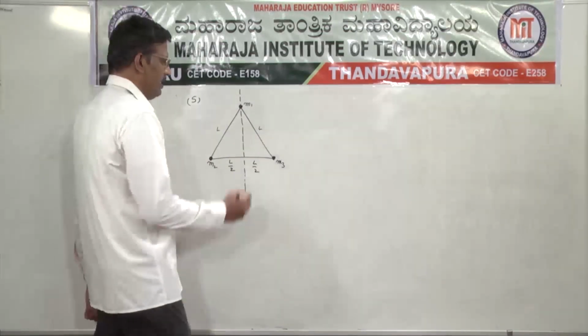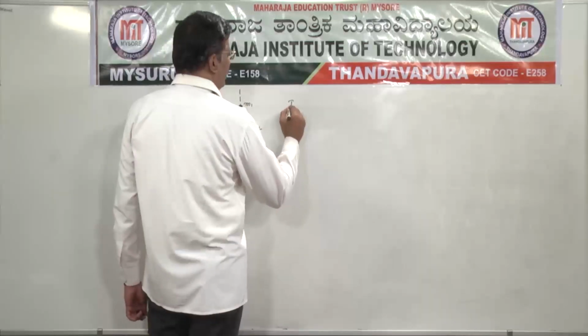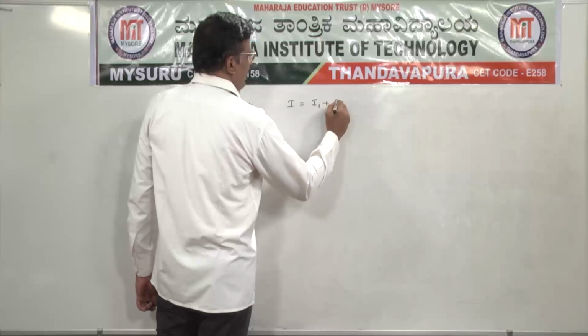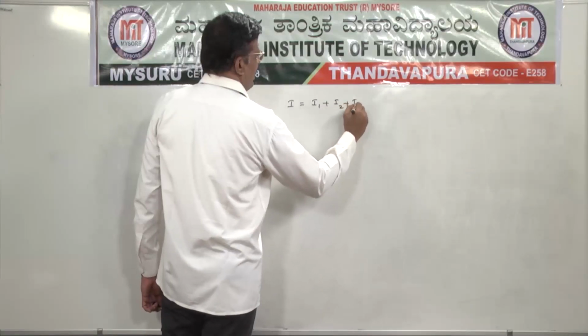Now M1 is on the axis of rotation, so the total moment of inertia, first of all you can write as I is equal to I1 plus I2 plus I3.